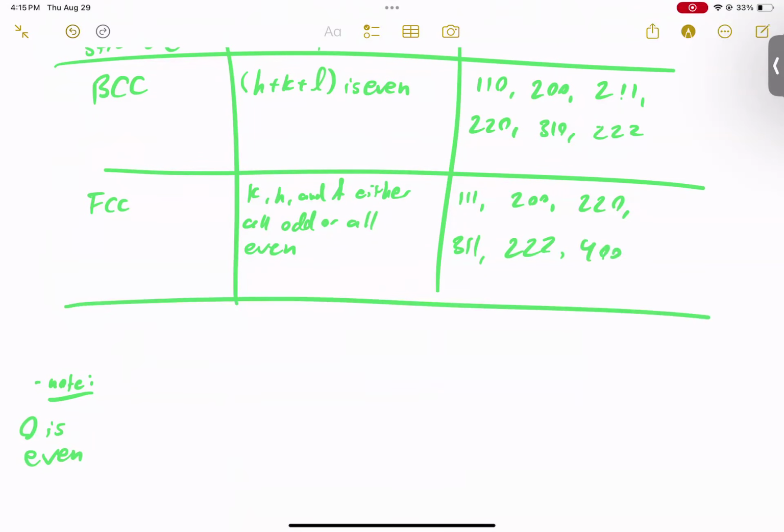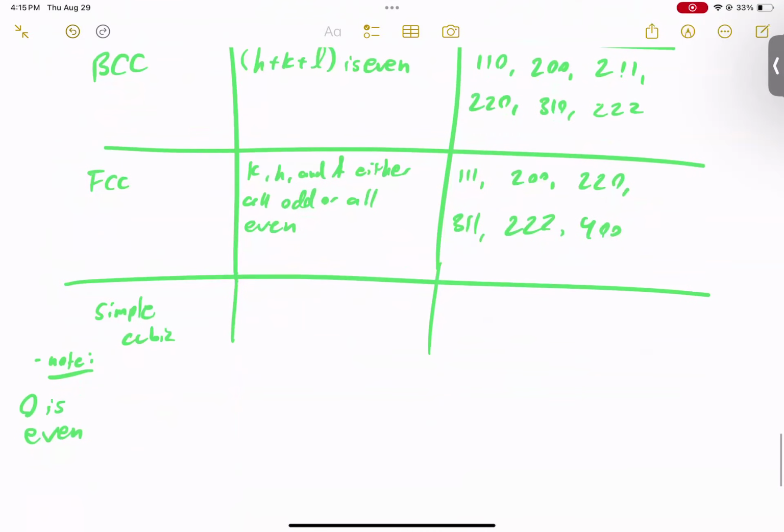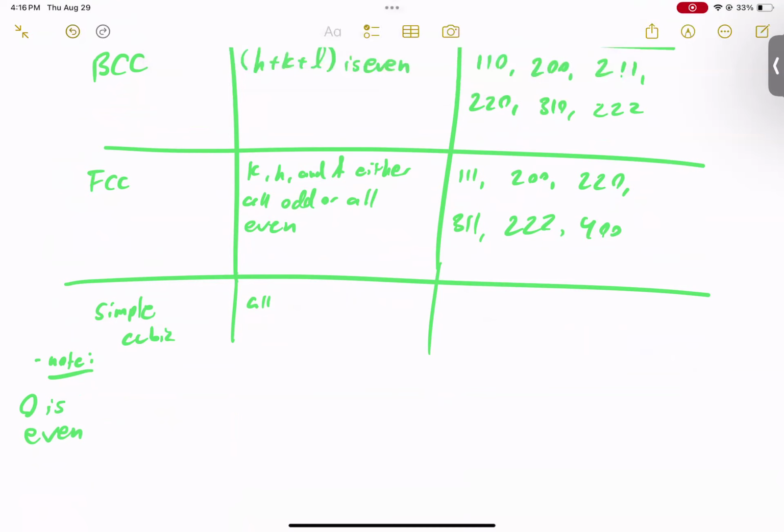And then for simple cubic, all reflections are present. There will not be any out of phase scattering.